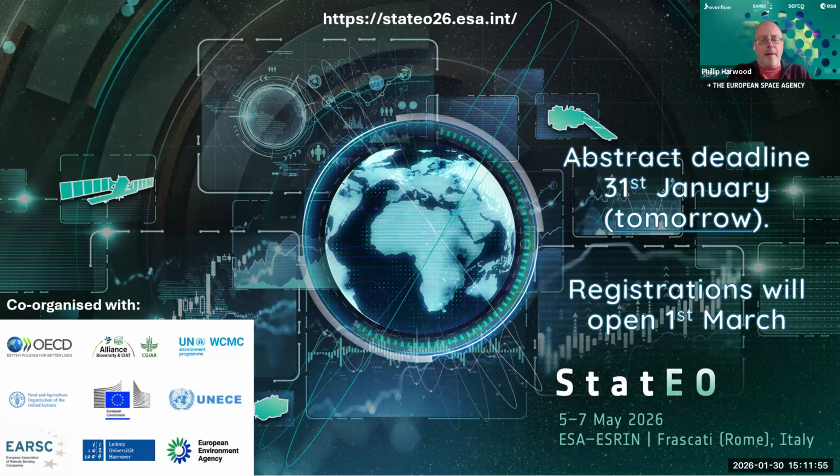So the abstract deadline for this is the 31st of January, which is tomorrow. So if you haven't already done so, please stay up overnight and write your abstract and get it in there before the deadline. And then after that, the registrations for attendance will open on the 1st of March, and we really hope to see many of you there.